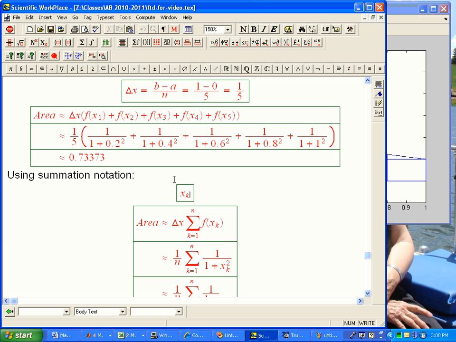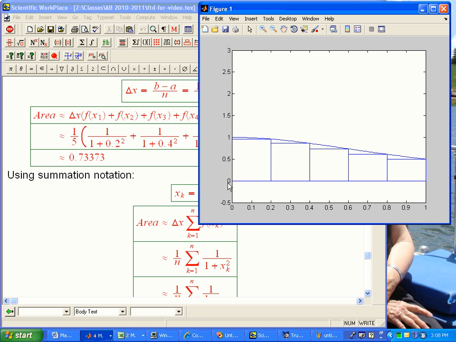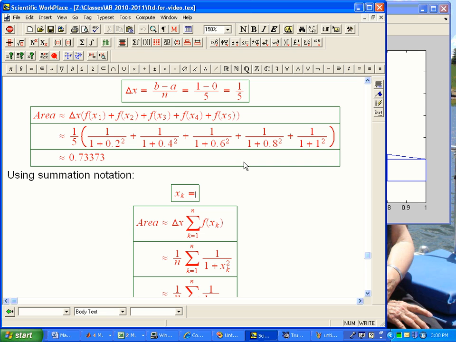X sub k. Well, the first one was we start at 0 and we go up by delta x. And then we go up by delta x again, and then we go up by delta x again. Okay, for this case, it looks like it's 0, because that's your starting point, plus k delta x.